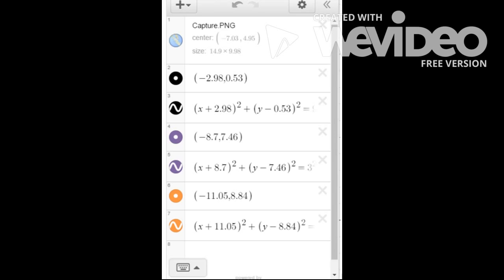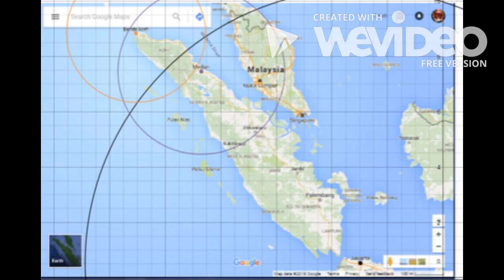Then you want to place 3 points over each of the cities that you want to use for your graph. And from here, you can determine the equation for all three to convert miles into the radius. You simply cross cancel. You should get a graph like this.